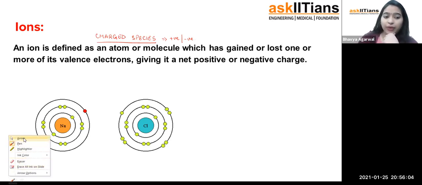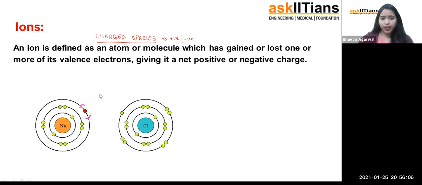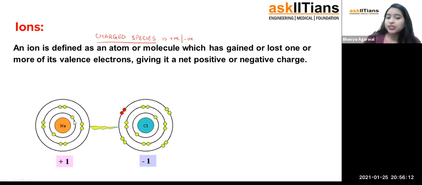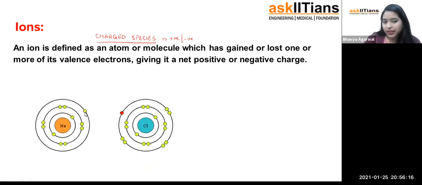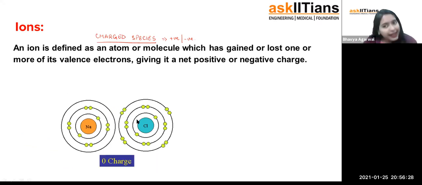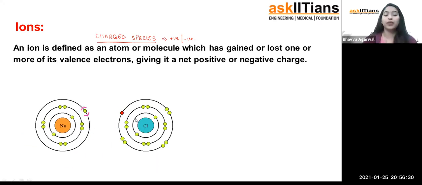So when I talk about this, see, this is a sodium atom, right? If you see in this sodium, previously there was an extra electron. Now sodium lost an electron, chlorine gained an electron.